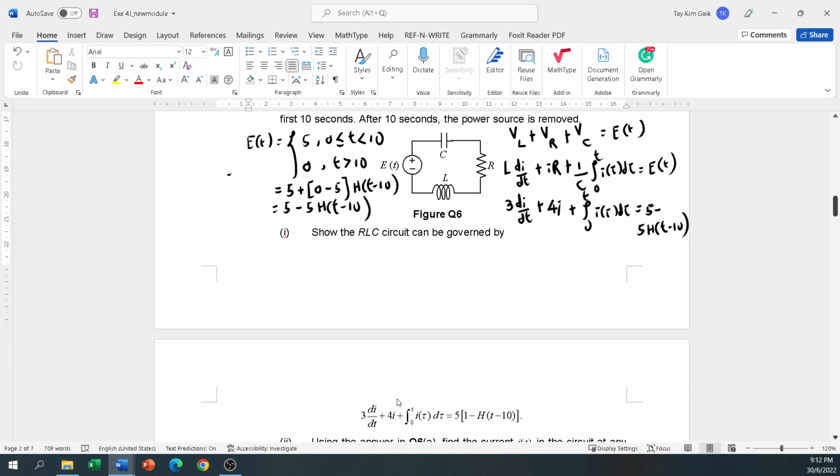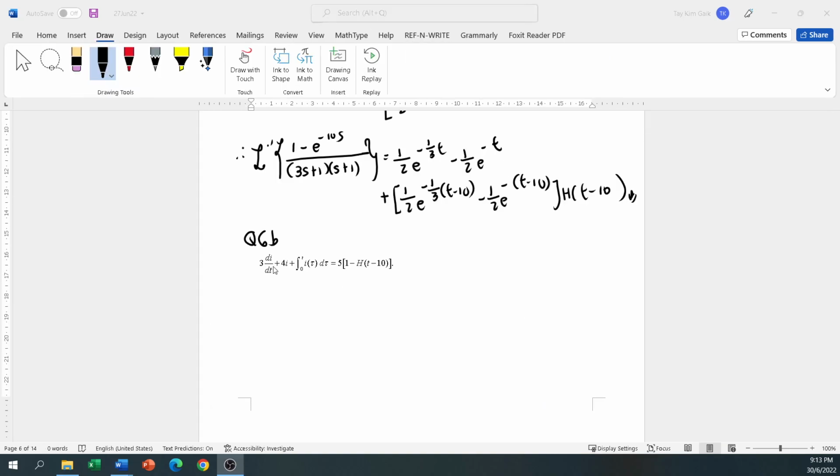So we have proved that this RLC circuit can be modeled as 3 di dt plus 4I plus the integral of I tau d tau from 0 to t equal to 5 minus 5 ht minus 10.